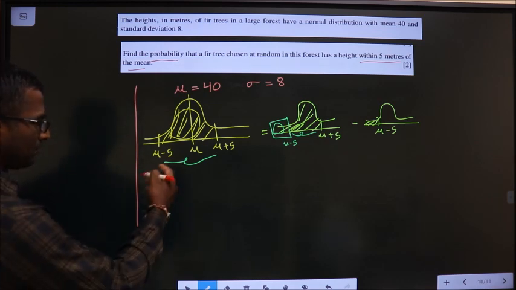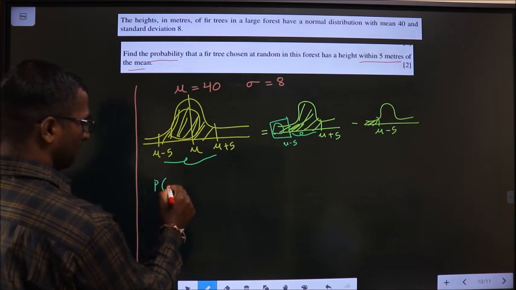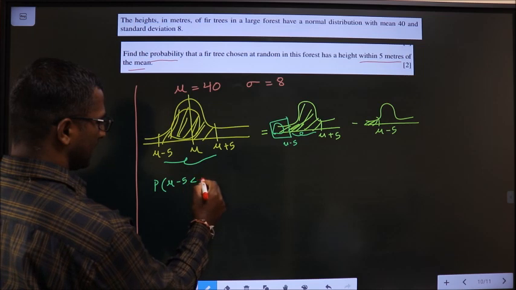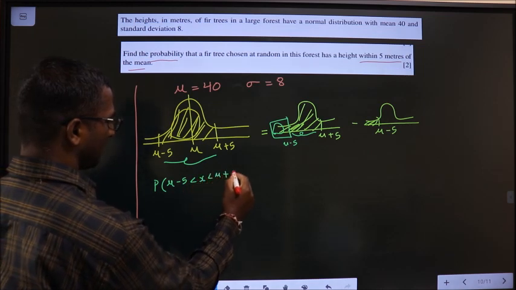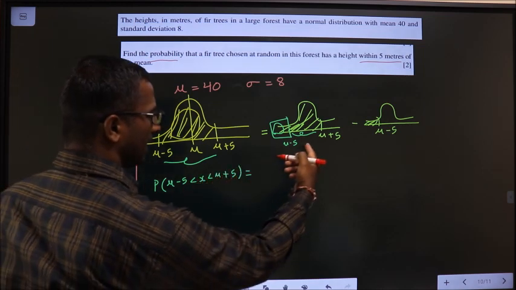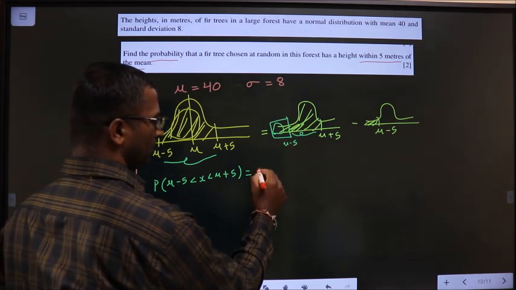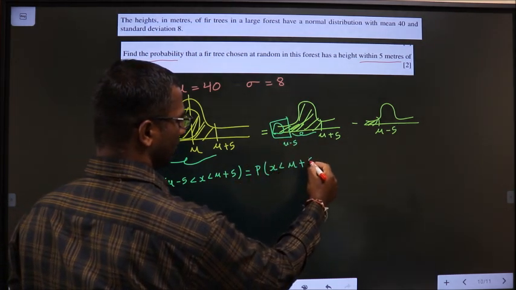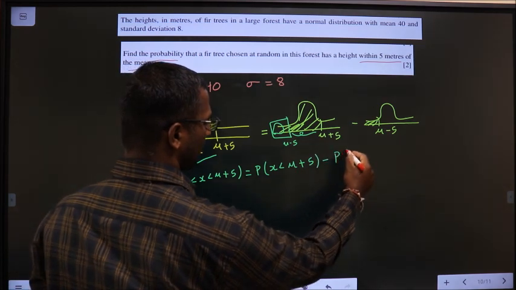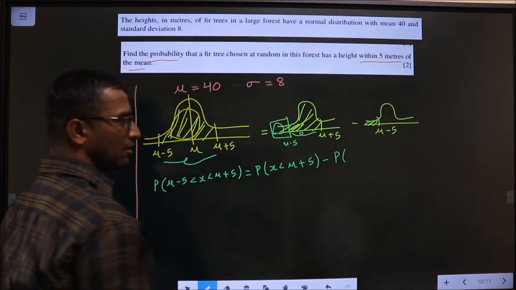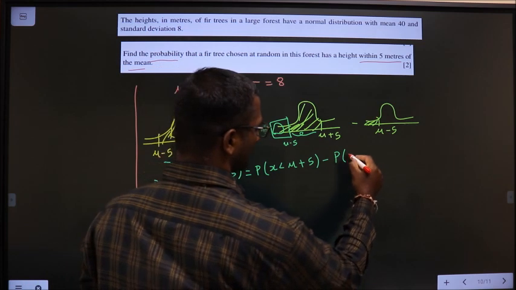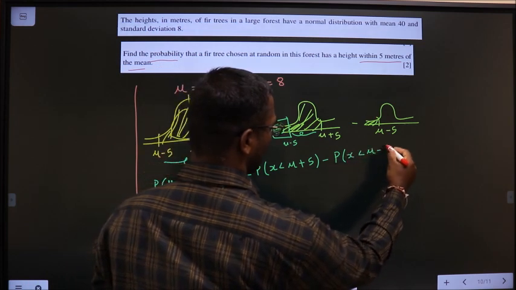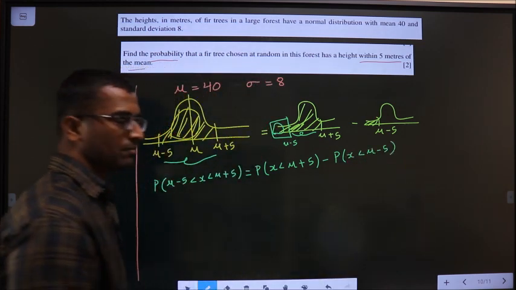Now, how do I represent it? See. So this is P of mu minus 5 less than x less than mu plus 5. And here it is entire left side of mu plus 5, so x less than mu plus 5, minus P of, this is entire left side of mu minus 5, so x less than mu minus 5. Clear?